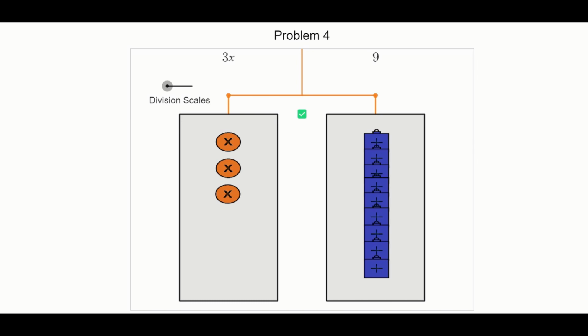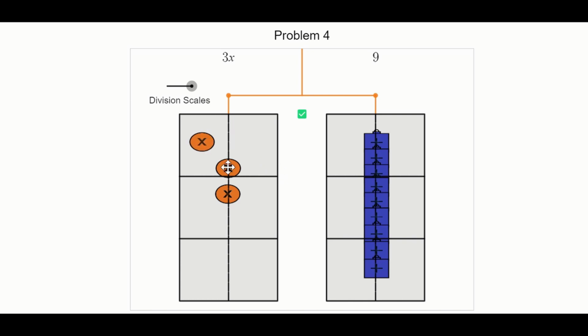Problem 4, 3x equals 9. Here we have multiple x's on one side of our scale, and we have 9 weights on the other side. How can we figure out what one x weighs? To do that, we can split up our scales into sections. So let's go and divide x into its own section. Since we have 3 of them, we can sort them into 3 equal groups.